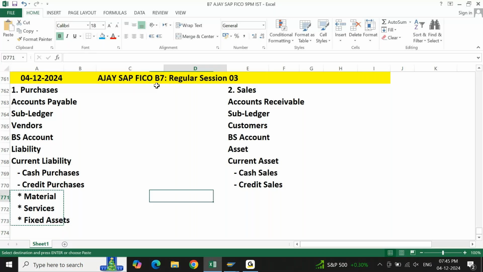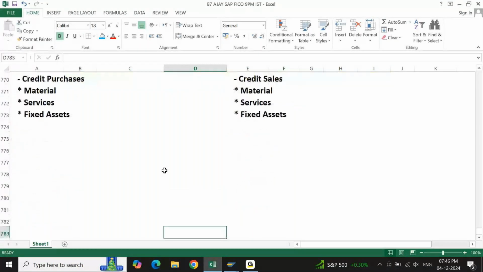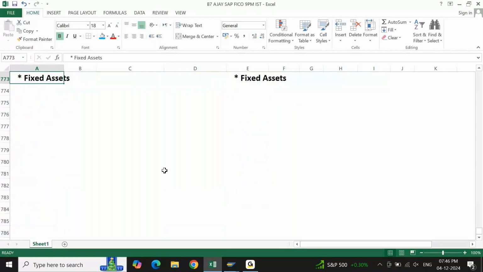Similarly, you can also sell material. You can also sell service. You can also sell your fixed asset. Possible or not? Yes, possible. Majorly, whenever we make a sale or make purchases, there are two types of purchases.